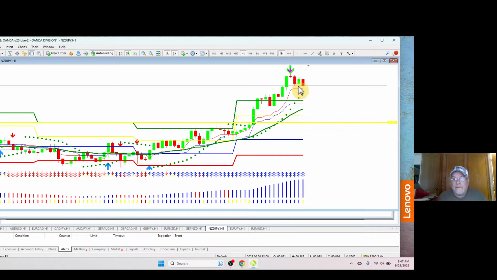Let's see, that was a... The high of that is basically 10. The other high was 8. Yeah, I think I'm gonna move the stop of the New Zealand yen, move it down.